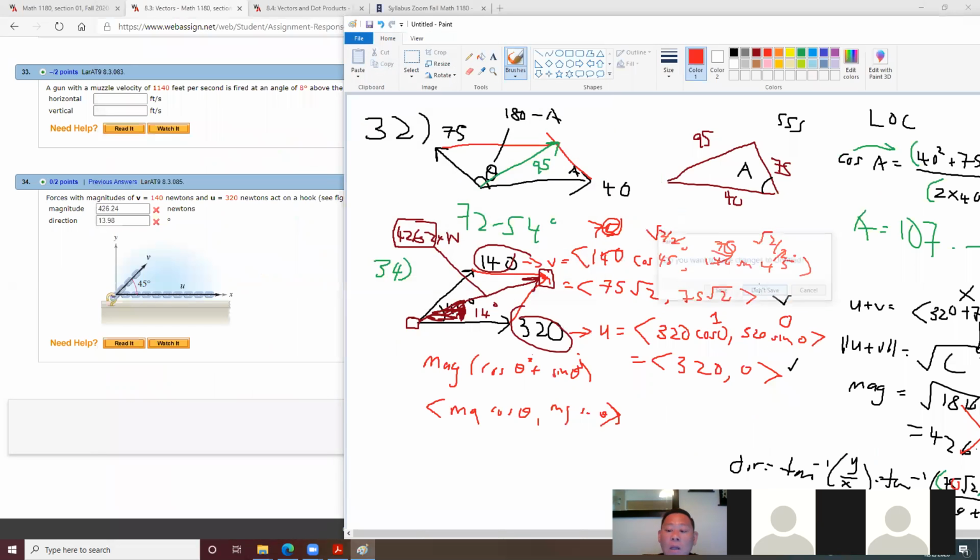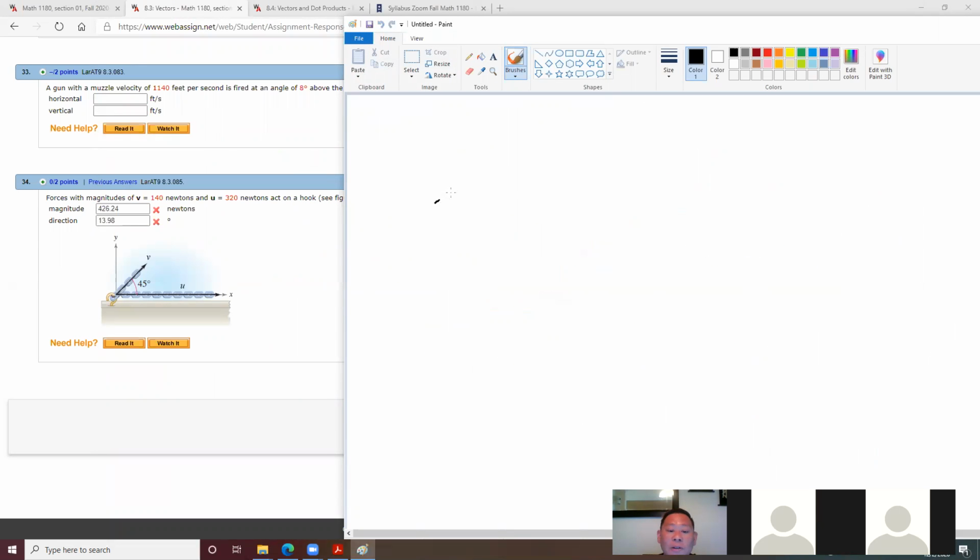So another way to do this kind of question is using your triangles, your law of sine, law of cosine. So this is 140 and this is 320, and this one is 45 degrees. And again, if you draw this as a parallelogram, this is the one that you need to find, and this is the angle you need to find.